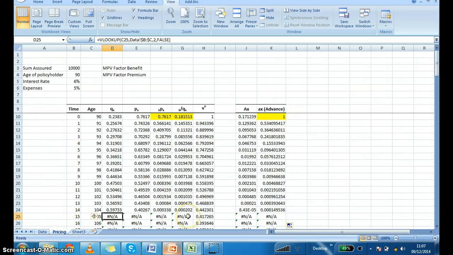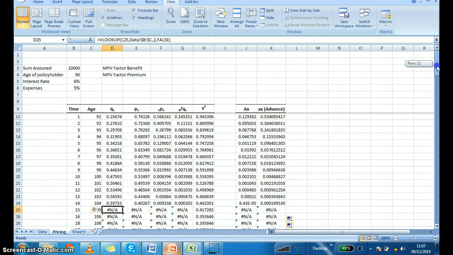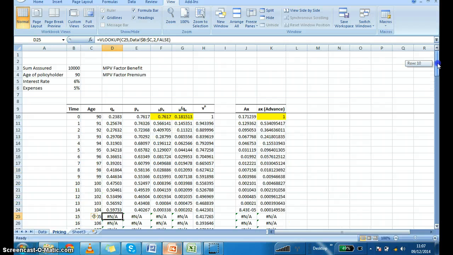Therefore, we need to put a condition that if this person is aged 105, then this formula should stop picking the values.